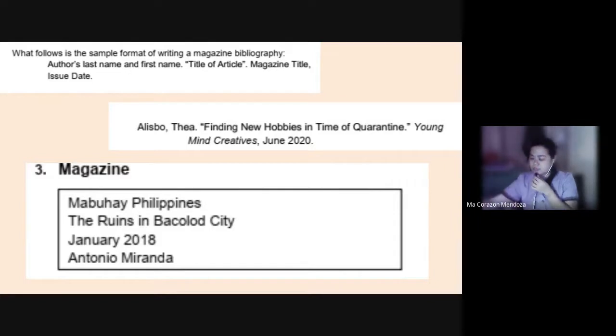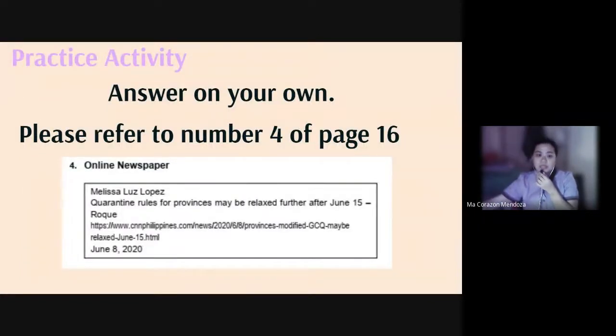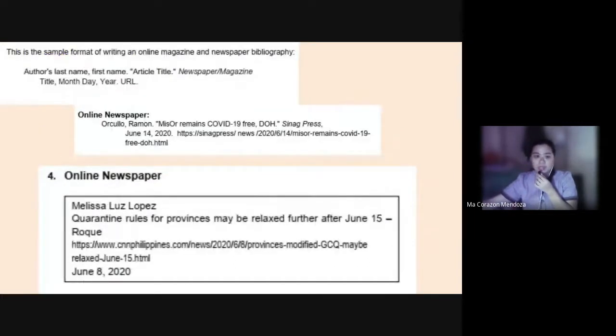Okay, so that's it. Next, answer on your own as well. Melissa Luz Lopez is the author. Quarantine rules for provinces may be relaxed further after June 15, Roque, is the article title.